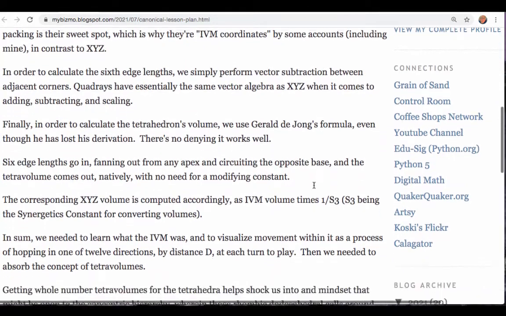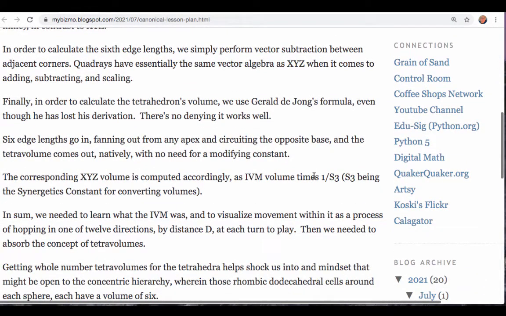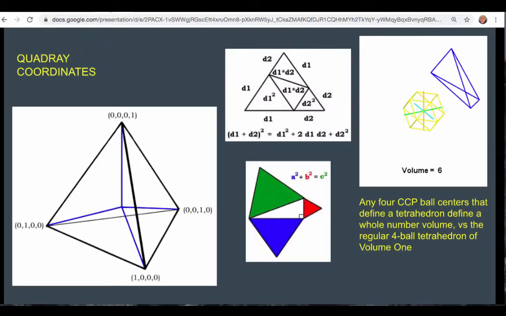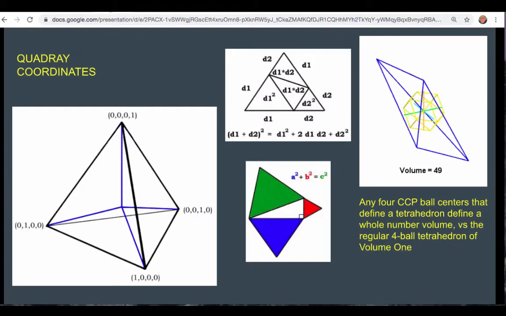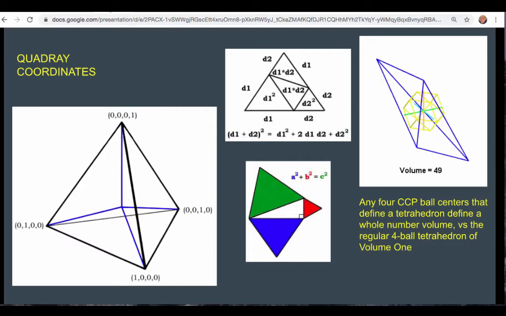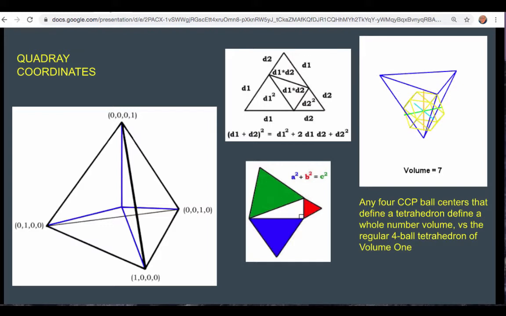And indeed, what this canonical lesson plan is about is, of course, his odd or different, but signature, approach to A, the concept of dimension, and B, the concept of mensuration, i.e. measuring, i.e. what is the volume of X, Y, or Z. We could say polyhedrons, but everything's polyhedral.